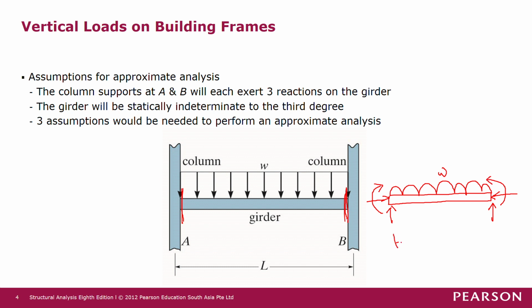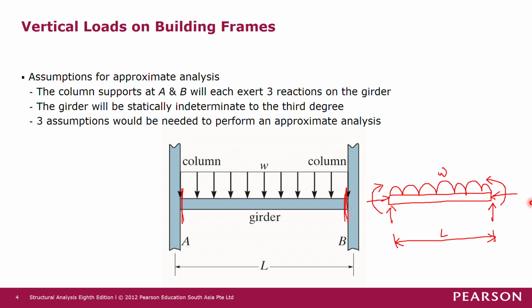And then the girder is having a span of L. So in the free body diagram, we have 6 reactions which are unknowns.